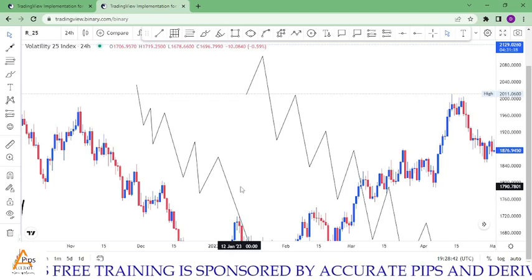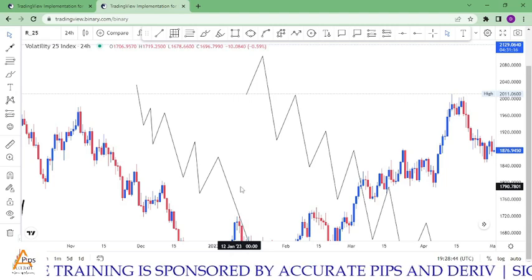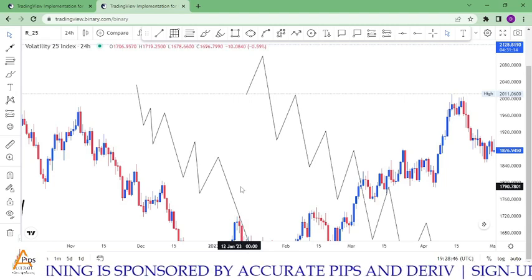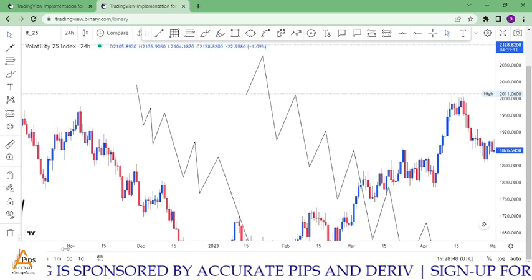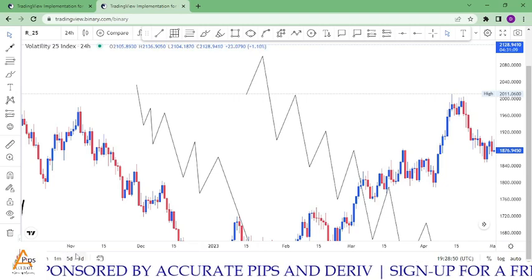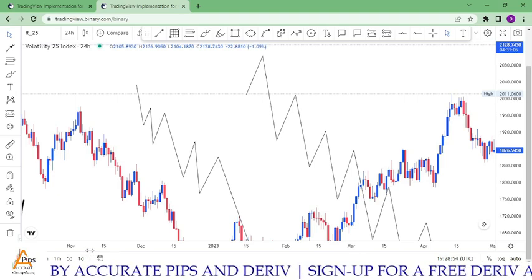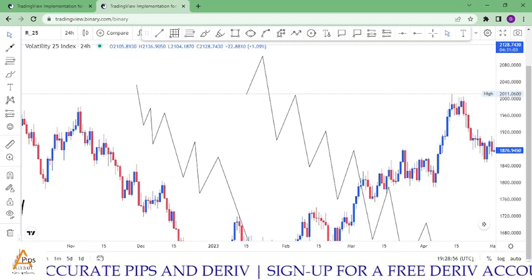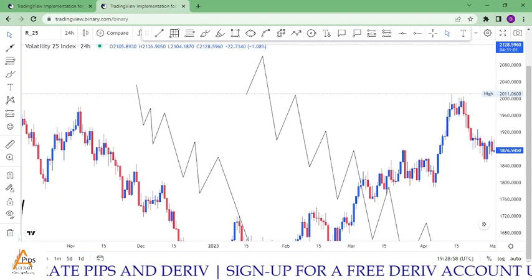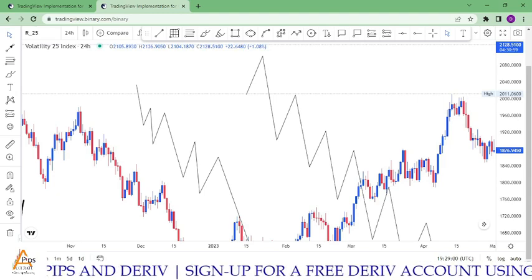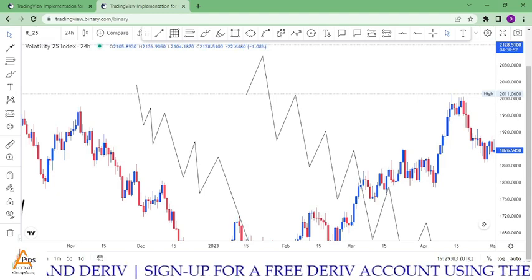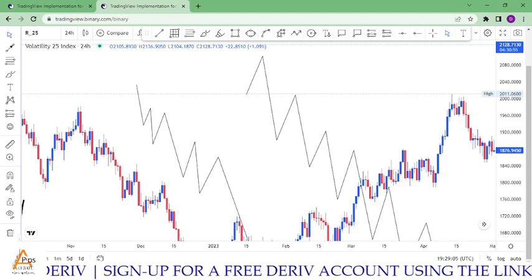All right. Now, the next terminology we look at is the ranging market. This is another type of market. We looked at the trending market, which is made up of two, that is the bullish market and the bearish market. Now we are looking at the next type of market, the ranging market.